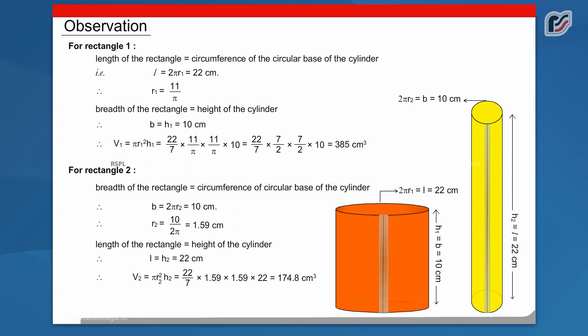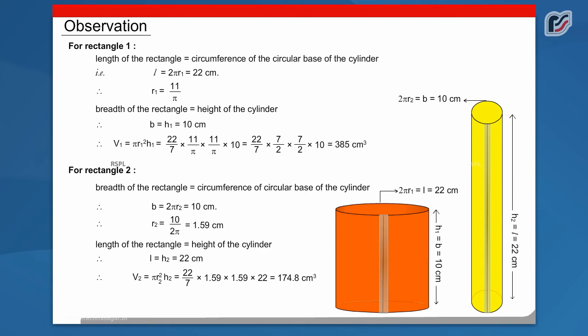For rectangle 2, breadth of the rectangle is equal to circumference of circular base of the cylinder. Therefore, B is equal to 2 pi r2 equal to 10 centimeter. R2 is equal to 10 by 2 pi equal to 1.59 centimeter. Length of the rectangle is equal to height of the cylinder. L is equal to h2 equal to 22 centimeter.